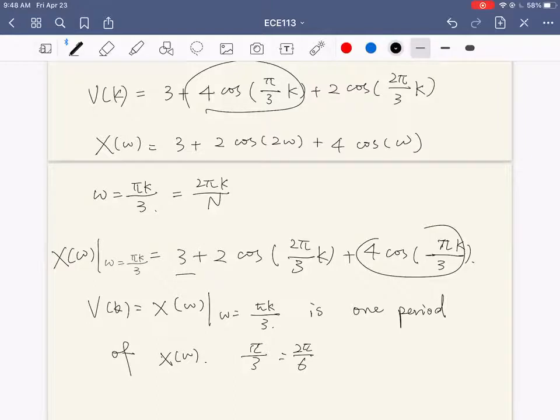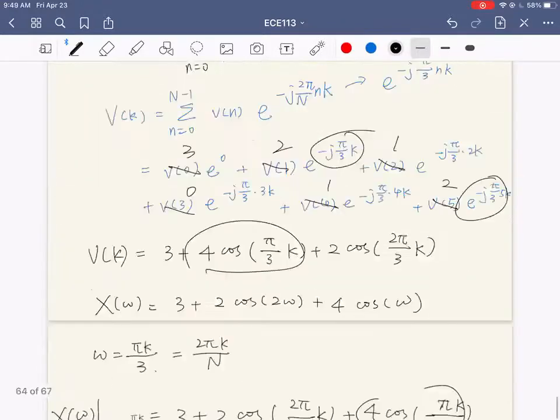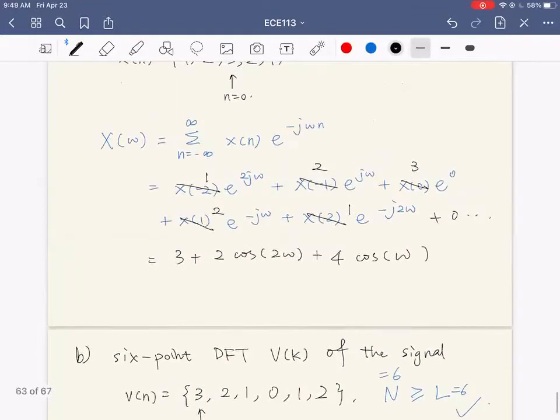Sorry, one more question about that. So when you have the identity of the cosine omega n equals e to the negative j omega n plus e to the j omega n divided by 2, where does the divided by 2 come into play in this? What is what? The identity that you wrote, I think for the next one when I asked, cosine omega n equals the exponentials over 2.